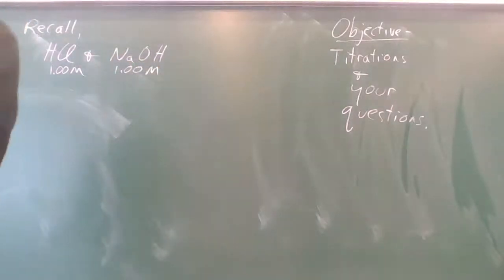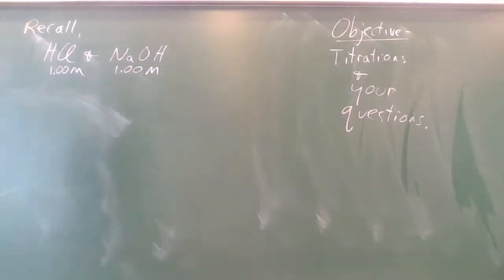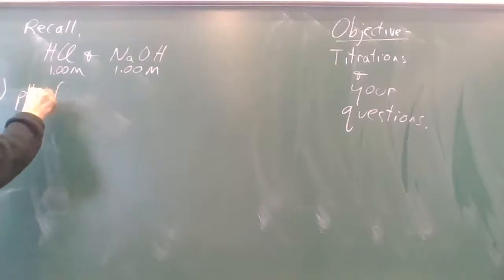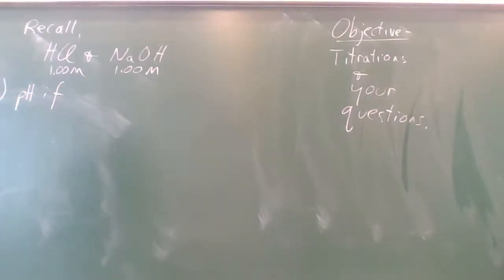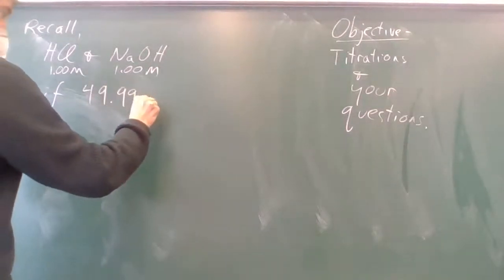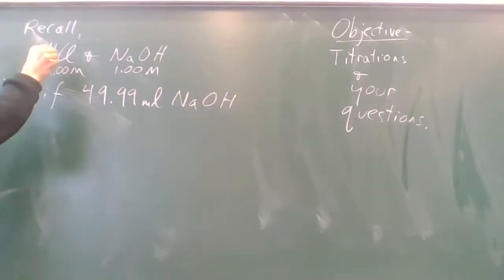And we just talked about trying to get the pH if I have 49.99 milliliters of NaOH added. Starting off, we had 50.00 milliliters of this stuff.